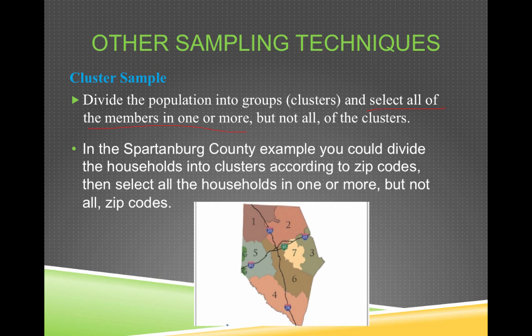So make sure you understand how that varies from stratified. How would we do a stratified sample with zip codes? Well, we would again look at strata of all the zip codes, and we would do a random sample from each and every zip code. So do you see how that varies from cluster?